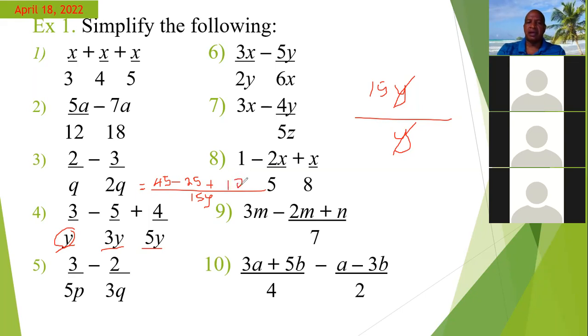Now, if we simplify the numerator by combining what we have up there, what do we get? If you have 45 and you take away 25, how much remaining? 20, sir. And you have another 12 down here, so 20 plus 12 gives you what? 32, sir. And you put that back over the 15y. And that is your answer.